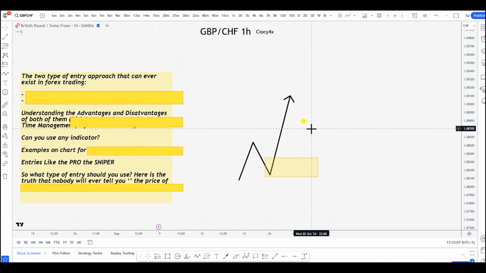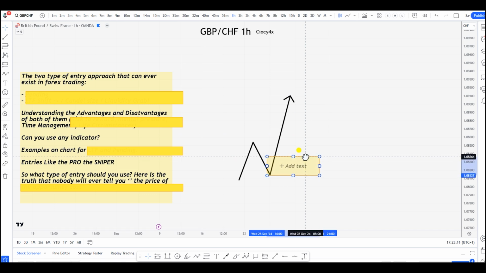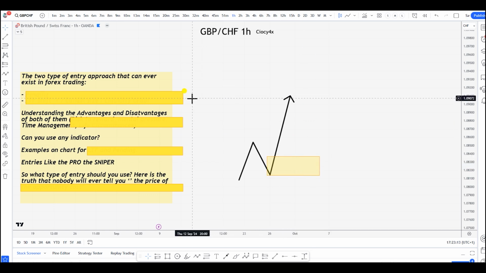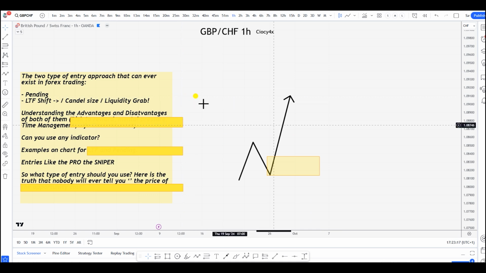Then once you are good at identifying your bias and understanding where the market is going, now we go to the two approaches. So what are these two approaches? Before you say, oh, but I knew it, no, you don't know. Trust me, you don't know, because I thought I knew it as well. But look at this. The two types of approach that you can ever have in the Forex market, or any trading approach that you're using, are either pending order or lower time frame.